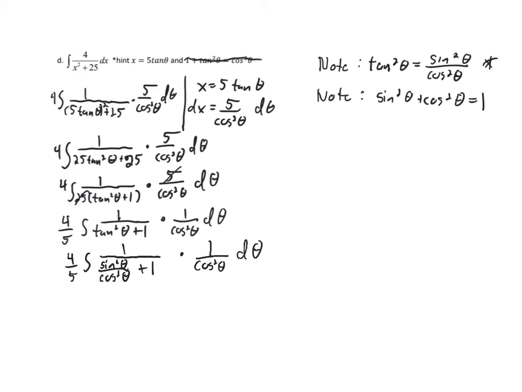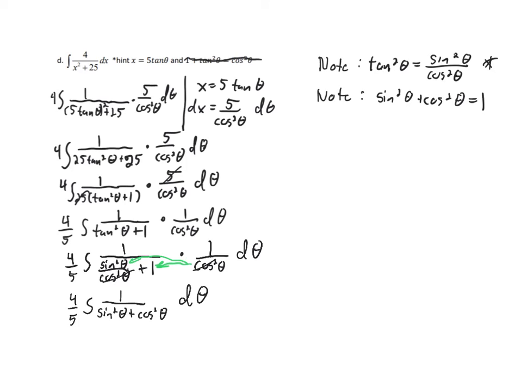Now if I distribute this cosine squared theta in to both of these terms, cosine squared would cancel out there, so 1 over sine squared theta plus cosine squared theta d theta.